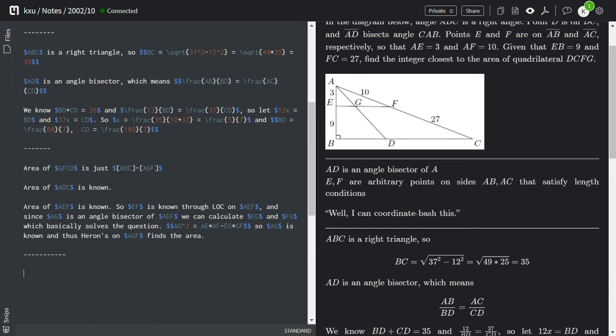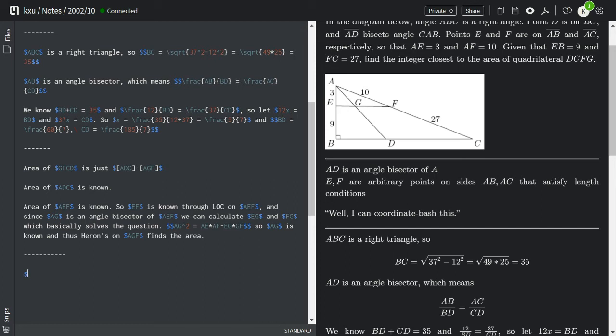I guess depending on your level of insight, one solution might come easier to you than to others. So another way we can approach this question is to look at the ratios in this triangle, specifically the ratio of the area of AGF to the area of AEF, which we know.